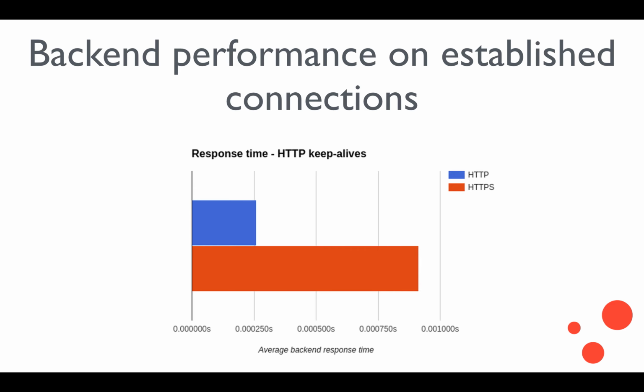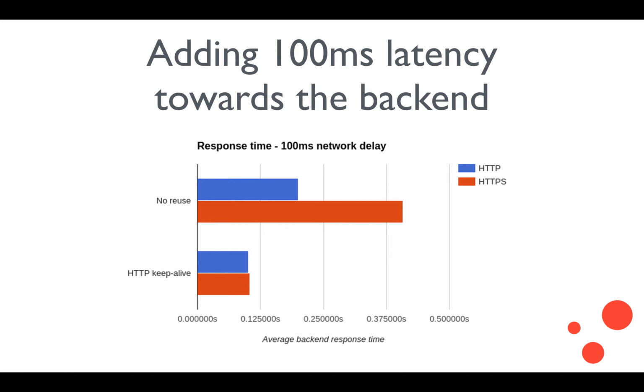For these tests, we wanted to mimic what the picture looks like when your backend server is not in the same data center as your Varnish server. To do this, we added an artificial 100 millisecond additional latency to all packets.